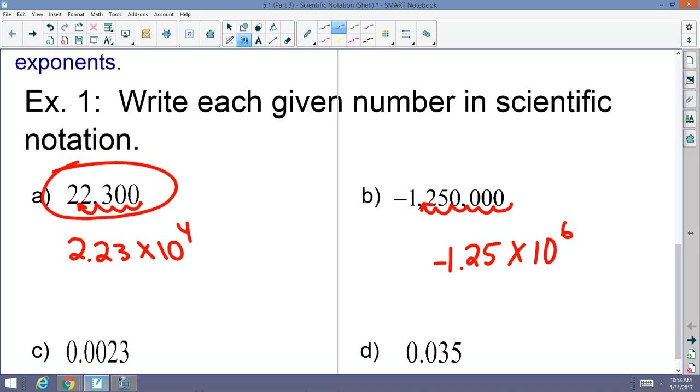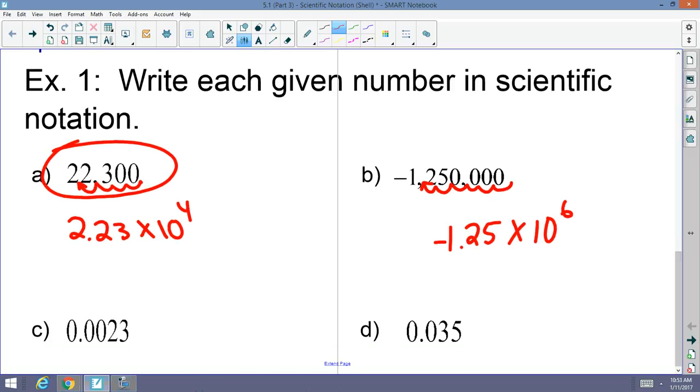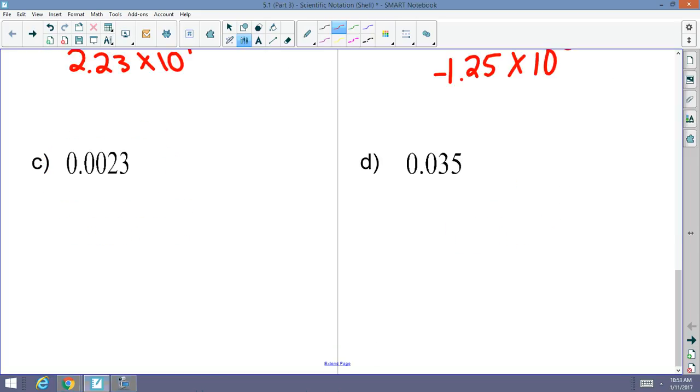Now, for C, I got 0.0023. So to make this a value between 1 and 10, I got to go 1, 2, 3 to the right. By definition, by what most teachers will tell you, by what all books will tell you, if you move the decimal to the right, you're using negative exponents. I don't think of it that way.